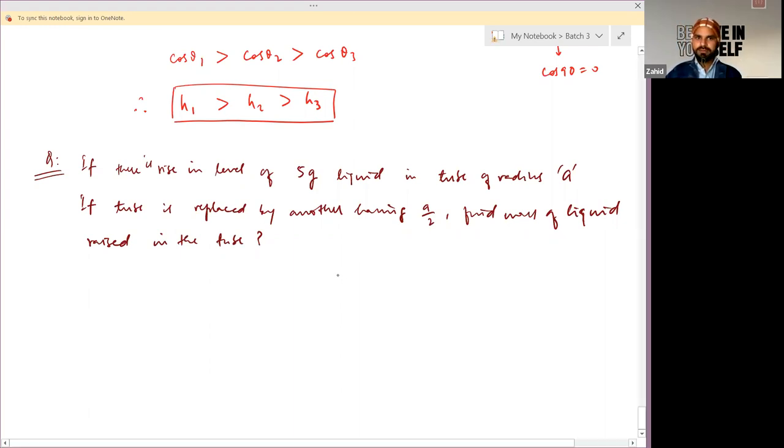I had defined a relation between mass and radius above. Just use that and try to define it.